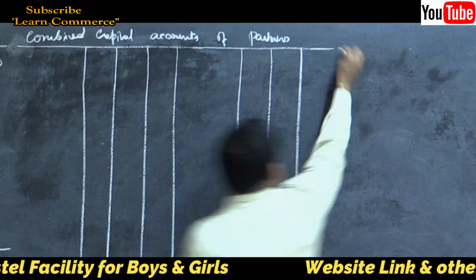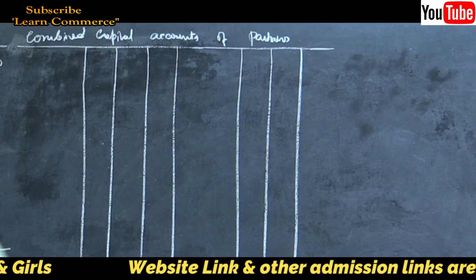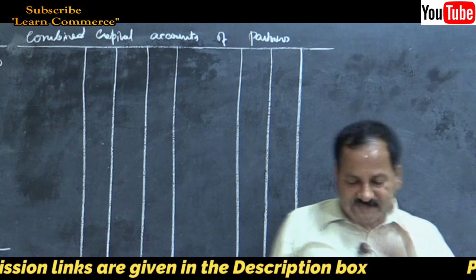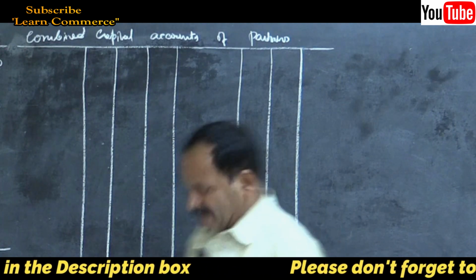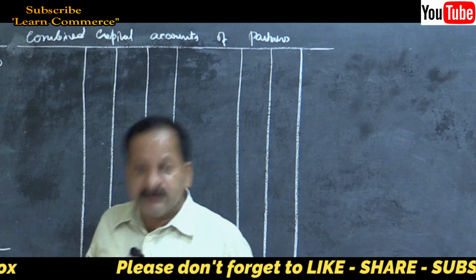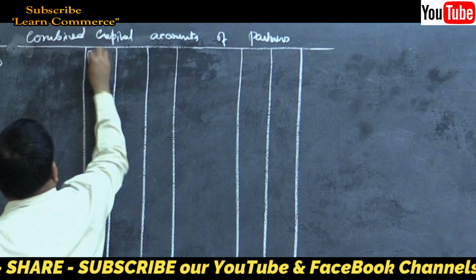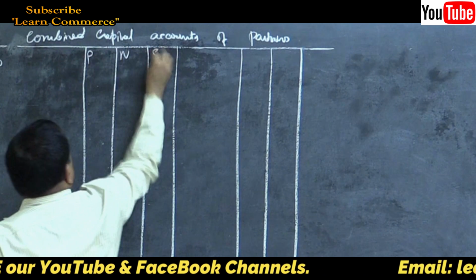Write debit, credit, particulars, the names of the partners with rupees: Pankaj rupees, Naresh rupees, and the third partner Saurabh rupees. Write in full. I will write in short forms.